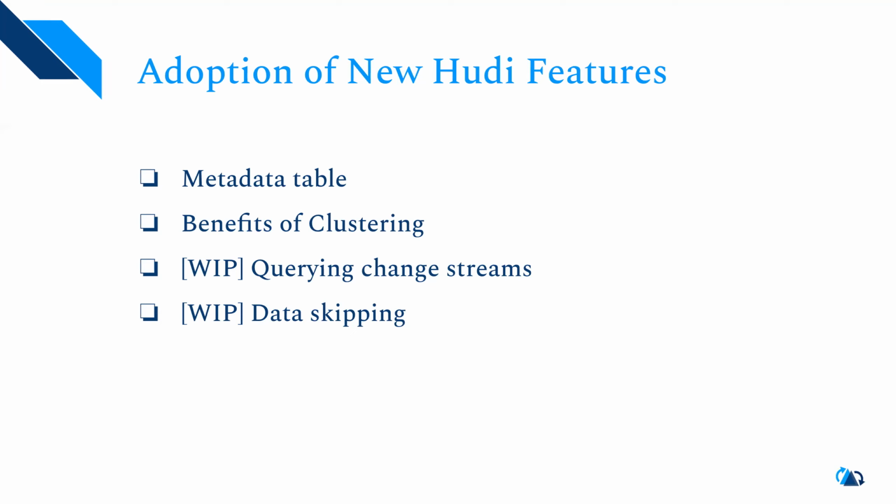But we need to integrate with the column stats index of the metadata table, right? There is a draft RFC. I think Pratyaksh here, he's in the call. He's already working on that. Next slide, please.